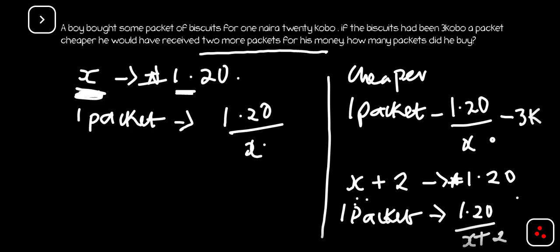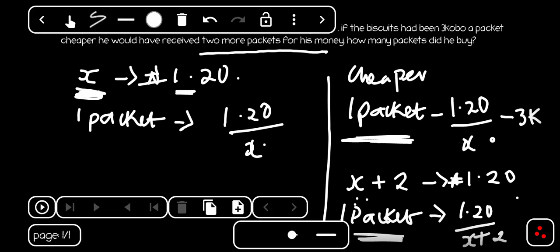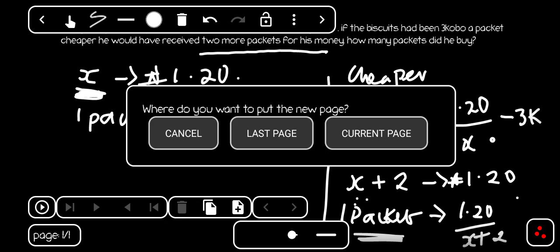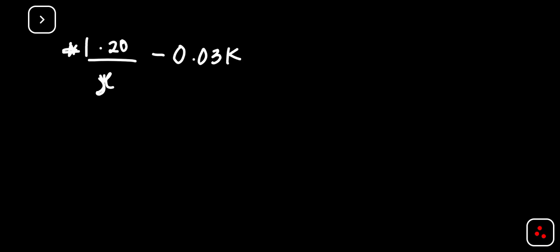And just like we were able to get the price for one packet from the X he bought, this means that we can equate this cheaper one to this other one, and then we can easily find X. So that's what we're going to do, because since it's one packet on both sides, we can say that 1 naira 20 kobo over X minus 3 kobo, which this time we represent as 0.03, since it is in two decimal places, is equal to the price for one packet in terms of the extra two he bought.